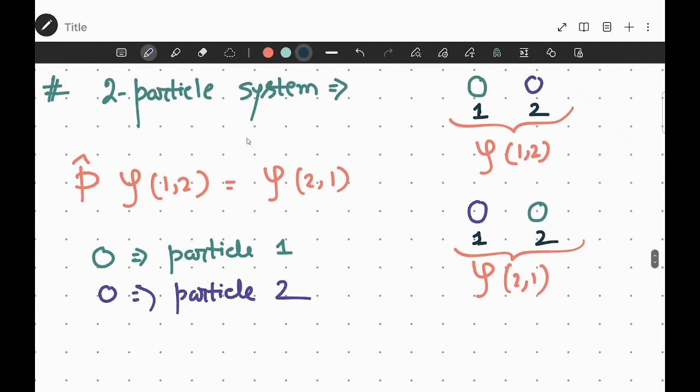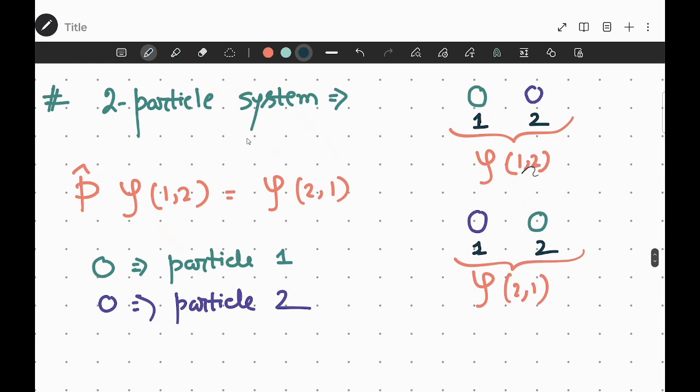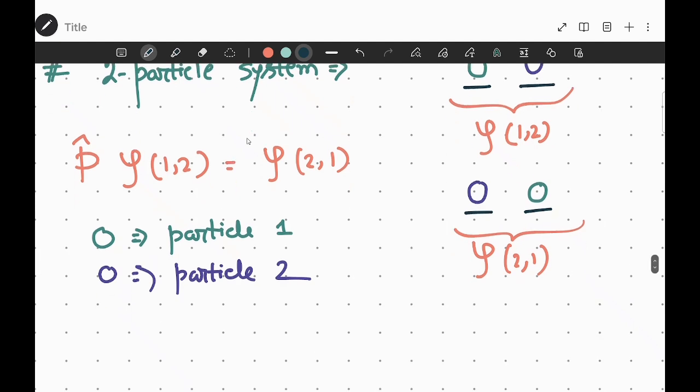So you can see here the particle 1 is in the first position, position 1. So these are not the particles, these are the positions. So here it should be 1, 2 and it is 1, 2, 1. So is it clear right now?